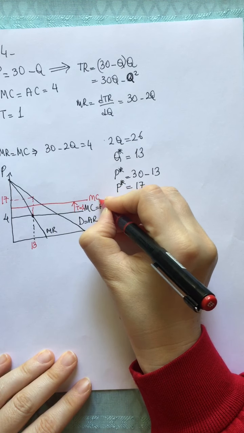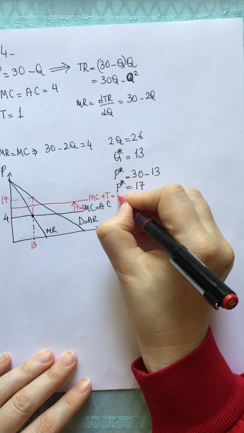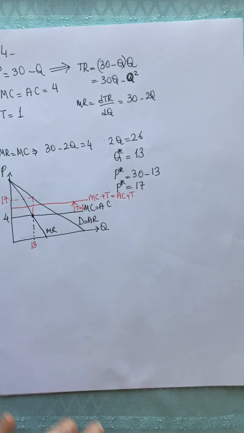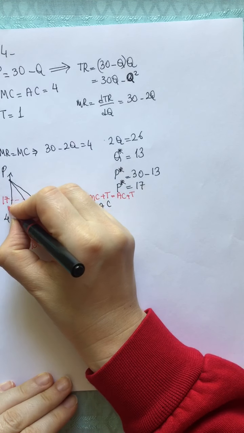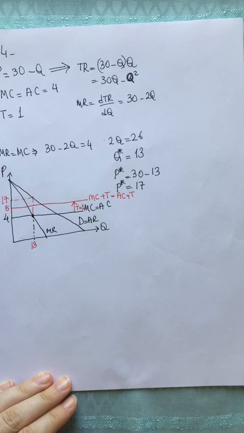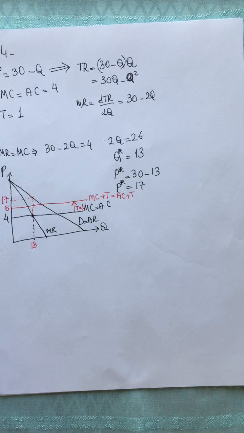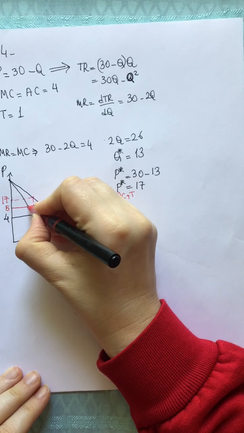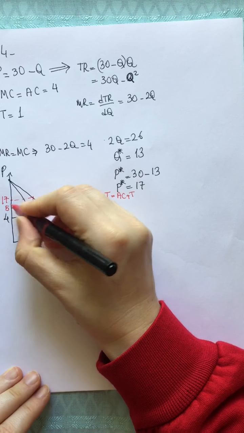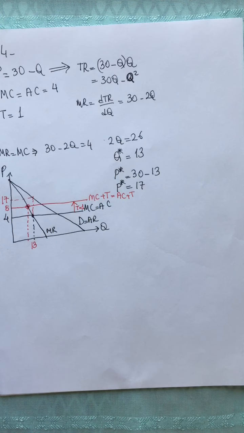So we found that marginal cost plus tax here or average cost plus tax here. Since they are equal, they are always equal in this question because they are constant, so we shifted both at the same time, but if they were U-shaped we would need to shift each of them separately. So the new marginal cost including the tax is now 5, not 4. So the profit maximizing level of output for the monopolist will change. Now we will equalize marginal revenue to the new marginal cost plus tax.